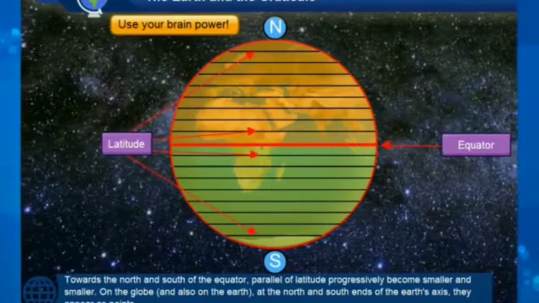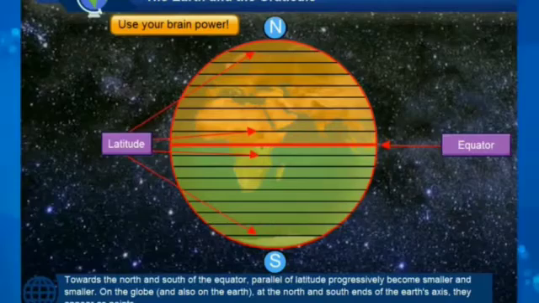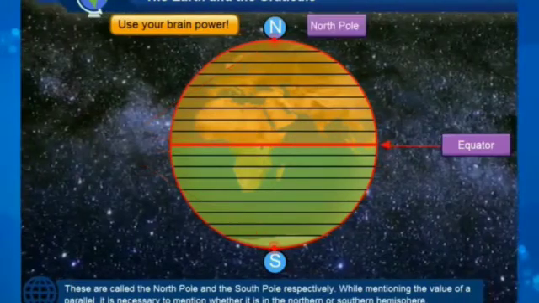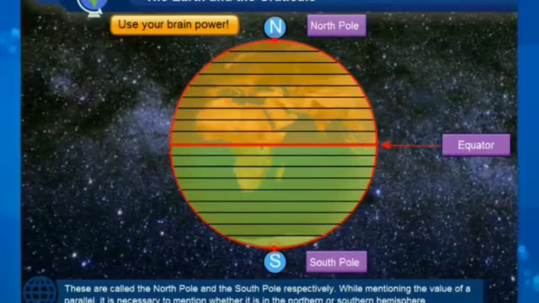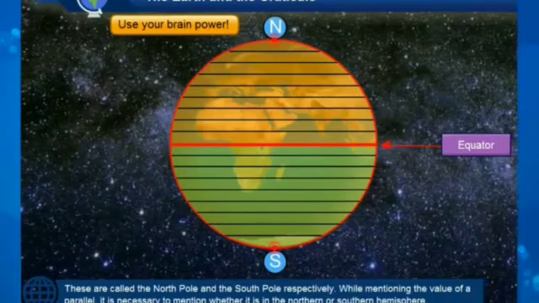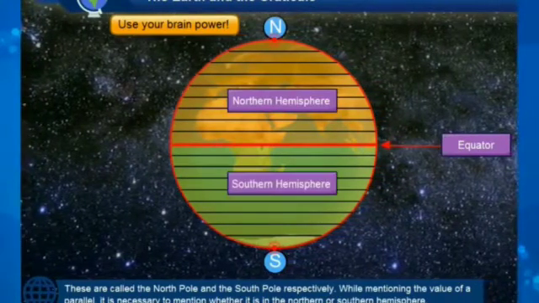On the globe and also on the Earth, at the north and south ends of the Earth's axis, they appear as points. These are called the North Pole and the South Pole respectively. While mentioning the value of a parallel, it is necessary to mention whether it is in the northern or southern hemisphere.